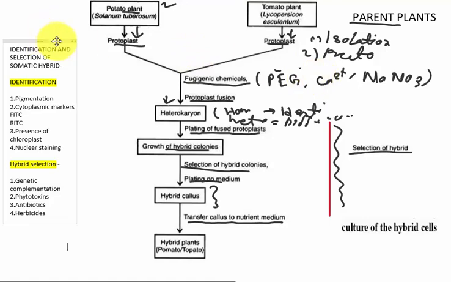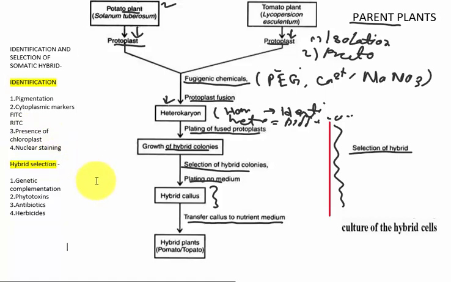So how will we identify and select the somatic hybrid? The identification is based upon the pigmentation, the cytoplasmic markers, then the presence of chloroplast and nucleus staining.